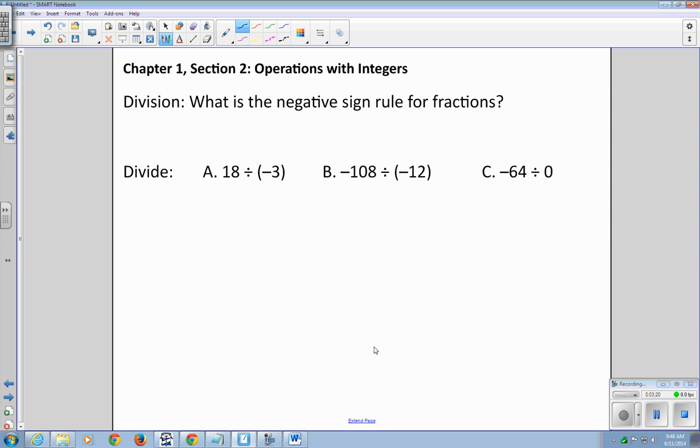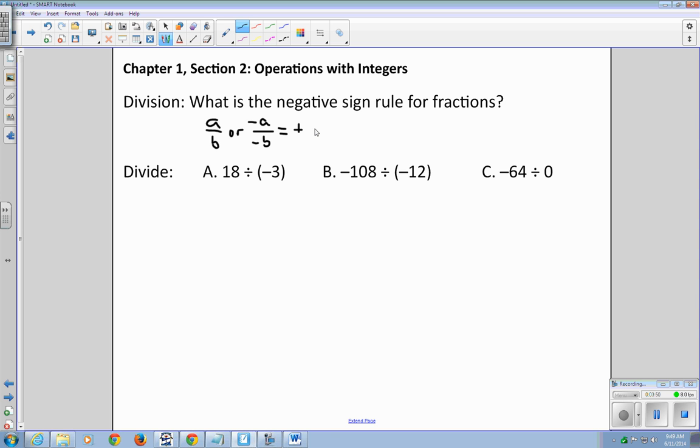Well, let's talk about division. Many of the same sign rules that we dealt with in multiplication also apply to division. Division is just the operation that undoes multiplication. So in this case, if we take two numbers and divide them, if they have the same sign, negative a divided by negative b, we always end up with a positive result.